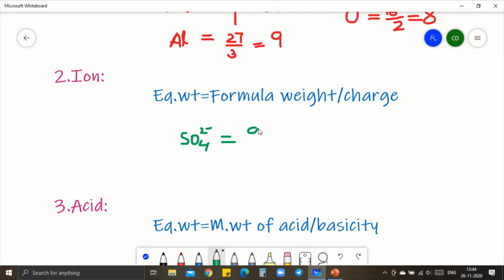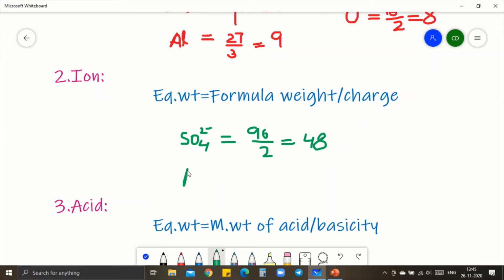Total it's 96. The weight of SO4 is 96 divided by the charge, either negative or positive, but we take only the number because it's magnitude, so 96 by 2. So the equivalent weight of the ion SO4 2- is 48.